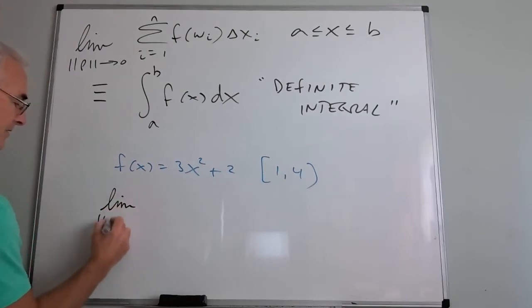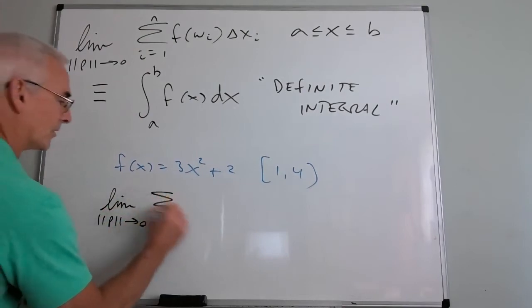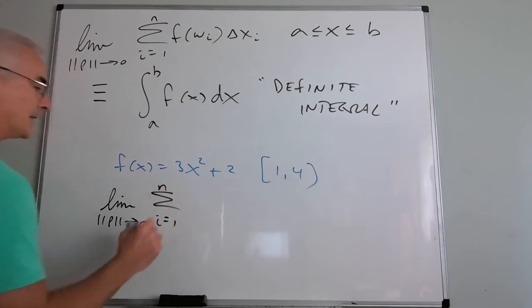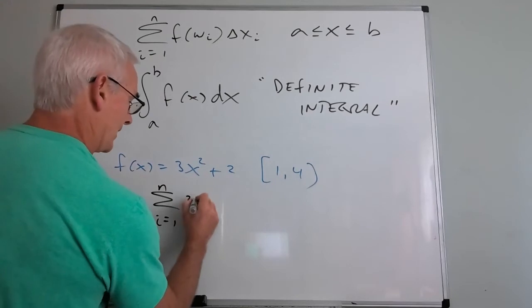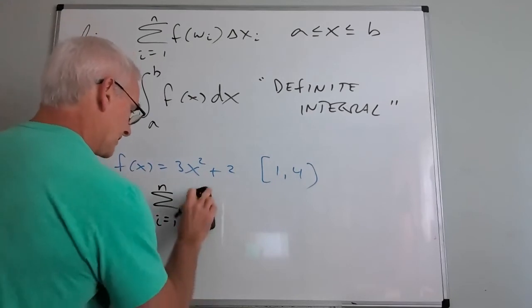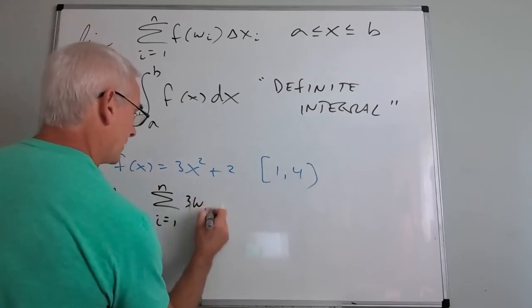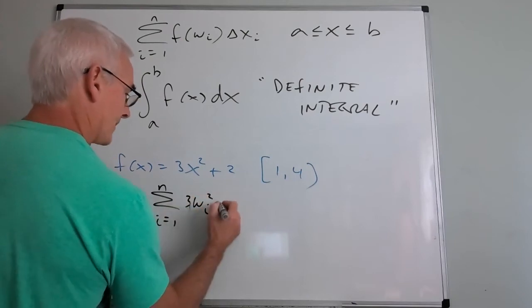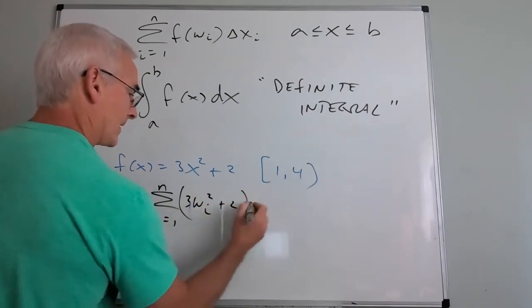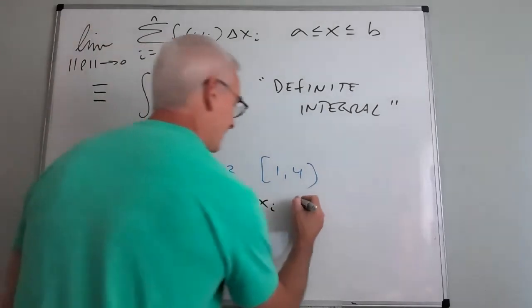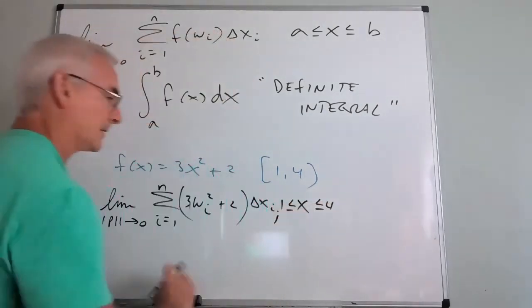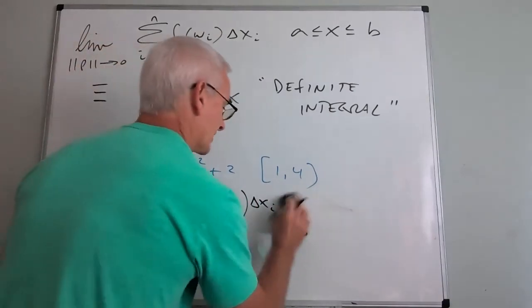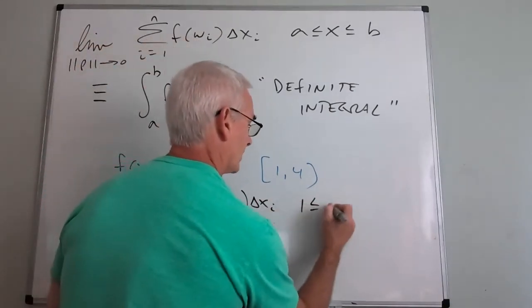The limit as the norm of the partition approaches 0 of the sum from i equals 1 to n, f of w_i. So I would write 3 w_i squared plus 2 delta x_i, x between 1 and 4. Now, sorry, this is a little too cramped. I'll write it over here.